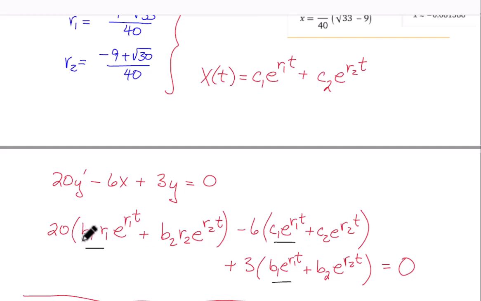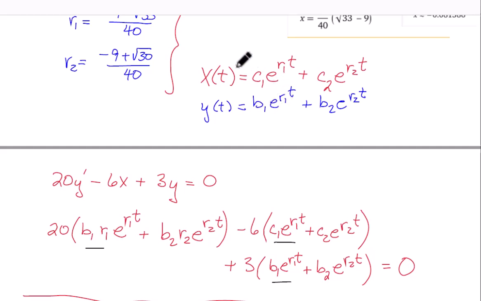Let's put the y answer here. My y of t would look like B1 e^(R1 t) plus B2 e^(R2 t). But again, I need to know how the B's depend upon the coefficients in x.